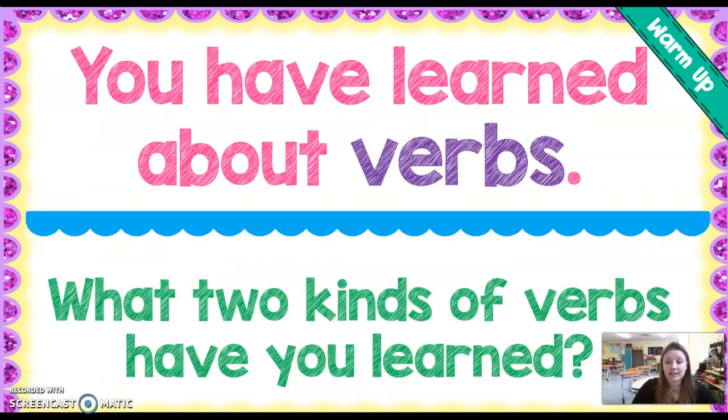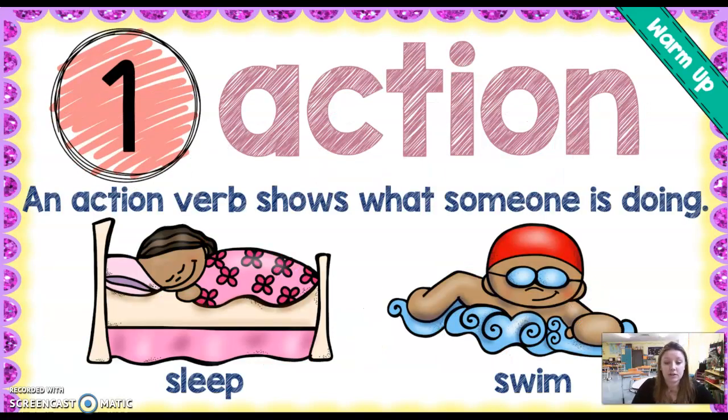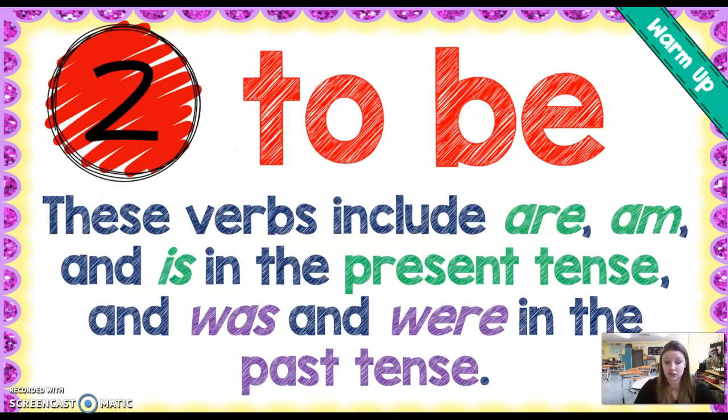So you have already learned about verbs. We reviewed this in yesterday's lesson as well, and we learned about two different kinds of verbs. The first one is action verbs, or things that you do, and the second one is the verb to be. That has to do with existing, right? An action verb shows what somebody is doing. Sleep is an action verb because it's something that they're doing. Swim is an action verb because it's something that they're doing.